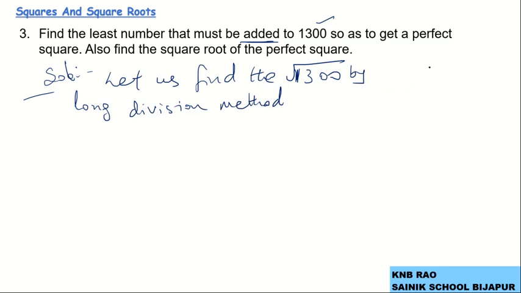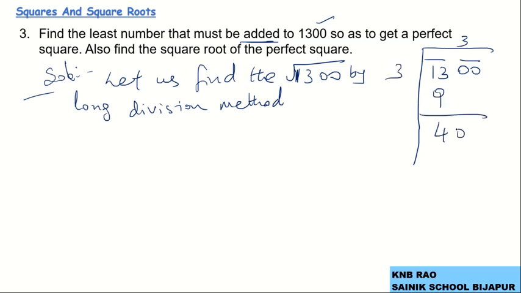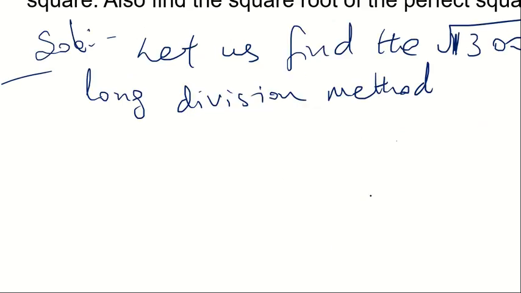So if you take long division method, it is 3 3s are 9, 13 minus 9 is 4, and this pair comes down. 3 plus 3 is 6, and ending with some digit here again.